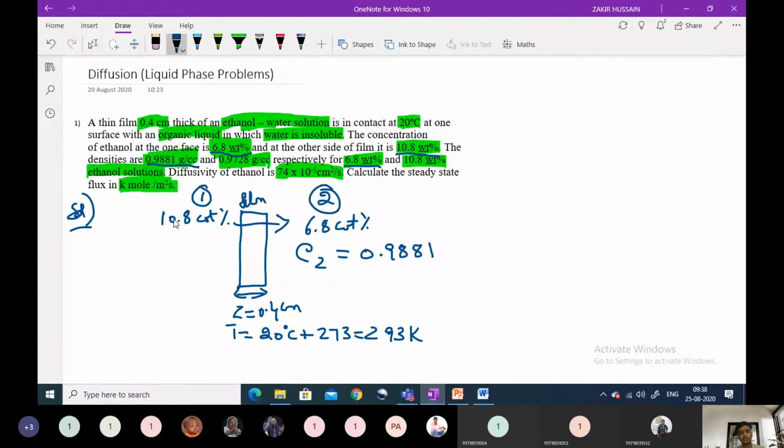But remember, mass transfer will only take place from higher concentration to lower concentration, otherwise we will get negative flux values. You have to remember this. Then the density at 10.8 weight percentage is 0.9728, so the density at position 1 is equal to 0.9728 gram per cc.